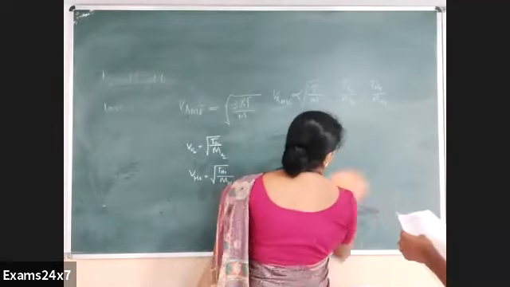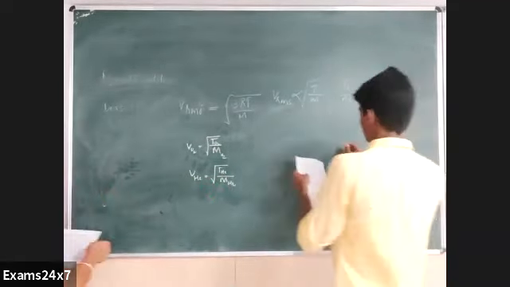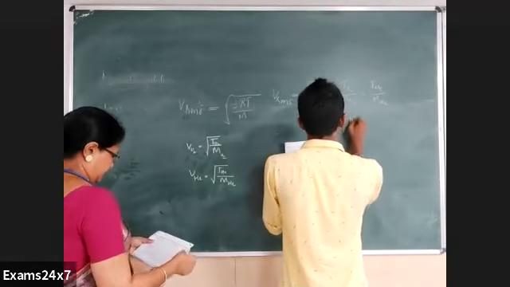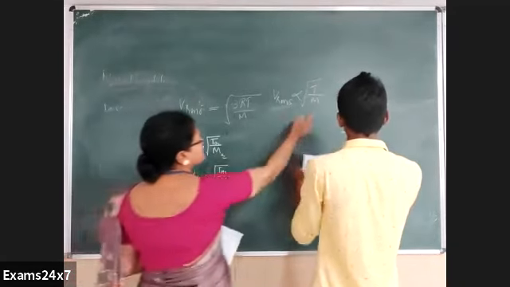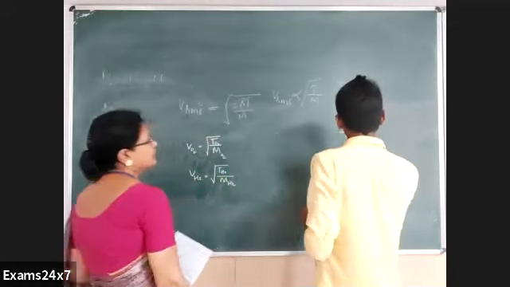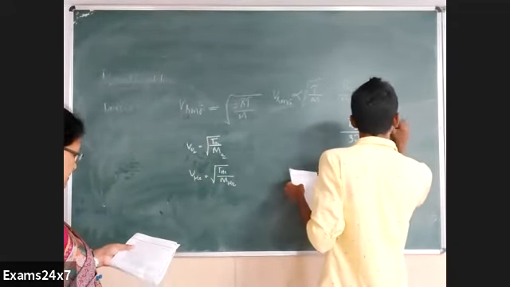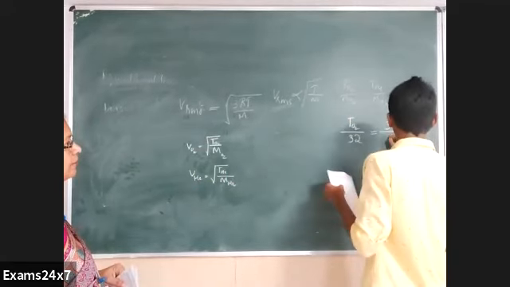Put in that now. What are given there? Temperature of oxygen to be found. T of helium is 300. Divide by 2.